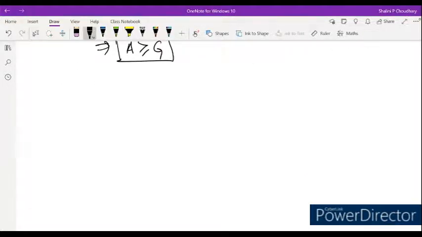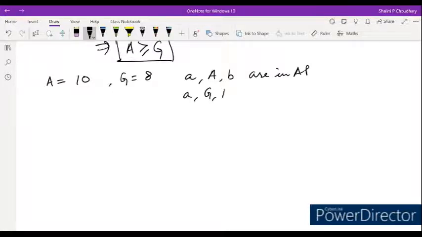So if AM is given, we'll write the arithmetic mean as A. So A is 10 and G is 8, such that a and b are in AP, and A, G and B are in GP.